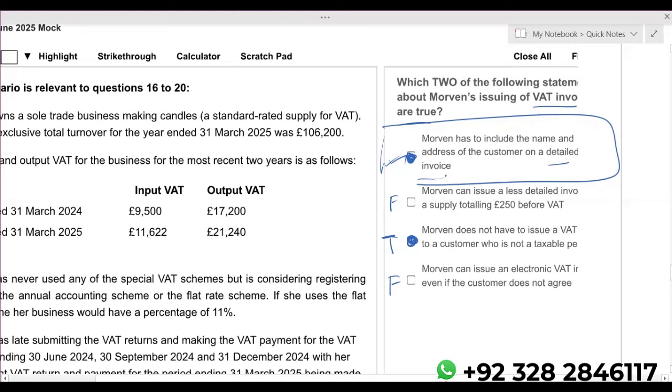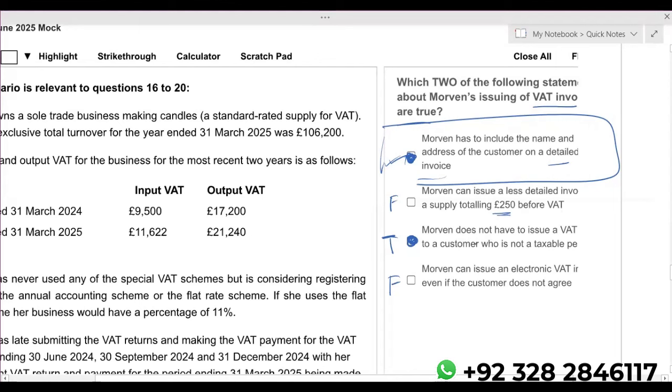You can issue a less detailed invoice if your supply amount is £250, but including VAT. Here, 250 is technically exclusive of VAT. So a less detailed invoice can be issued for a supply inclusive of VAT. So why was the second incorrect? Because the 250 you have written is before VAT.